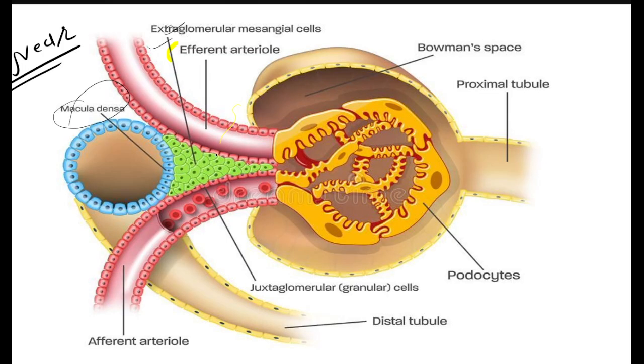See here, this is the macula densa. Extraglomerular cell, this is the extraglomerular cell. And the juxtaglomerular cell or the granular cell, this is the juxtaglomerular cell.